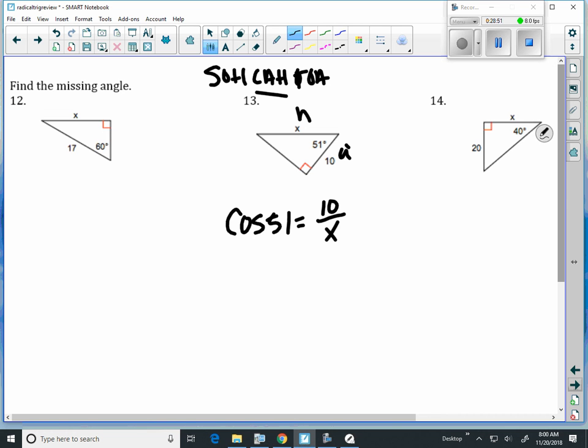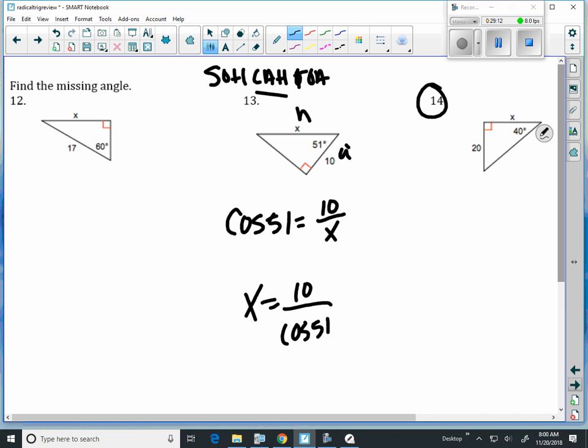So I'm going to show you a quick way to do these problems, because number 14 is done the exact same way. Here's all you have to do. You don't need to know why, though you probably can figure it out if you wanted to. You're going to switch the cosine of 51 and x. So you'll have x equals 10 over cosine 51.